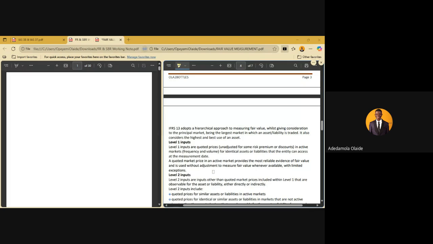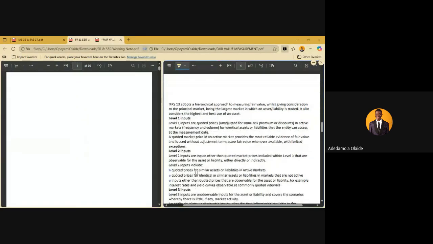Level 1 inputs are the most reliable evidence that we can use for fair valuation. But level 2 inputs are also quoted prices, but they have been a bit tampered with. What do we mean by that?